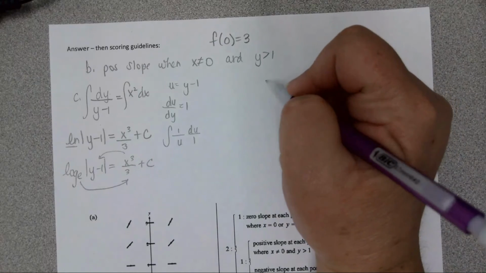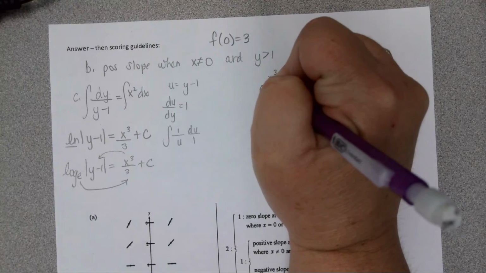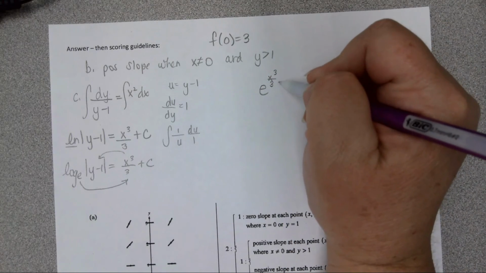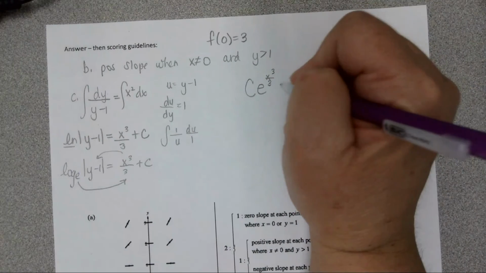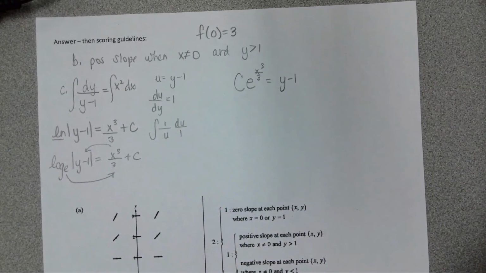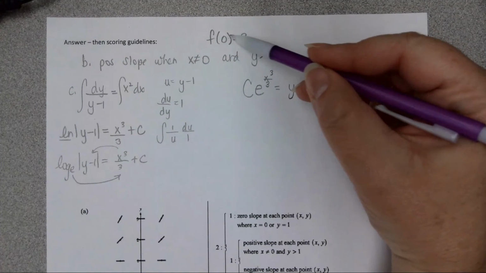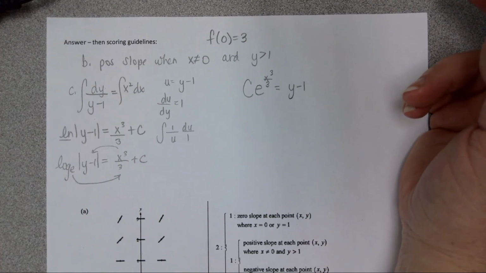I got e raised to the x cubed over 3. Now, I would put the plus c, but remember that becomes a big C in front, and that's going to equal y minus 1. Now, when I plug in my 0 and my 3, I don't have to worry about that ln anymore. I've gotten rid of the ln, and now I can solve for c.